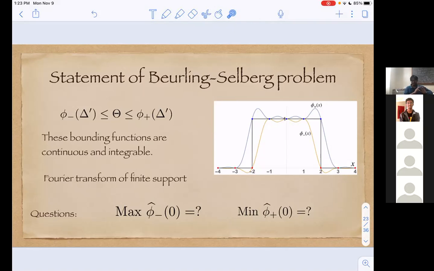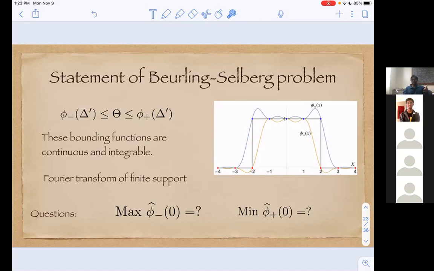We forget about the CFT for now. You consider exactly this kind of window, which is the characteristic function of some interval. Then you take two continuous integrable functions, phi plus and phi minus, which majorize and minorize the characteristic function, which is a technical way to say that phi plus is bigger than the indicator function and phi minus is less than the indicator function.